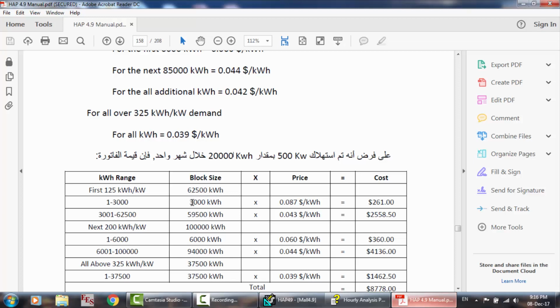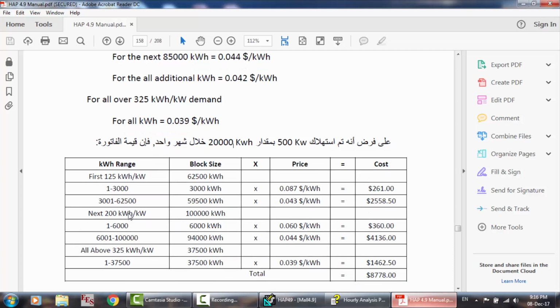So we have the first 3,000, and then from here to here another price. For the next 200 kilowatt hour per kilowatt, we have here the total, and from 1 to 6,000 a price, and from 6,001 up to 100,000, we have another price.